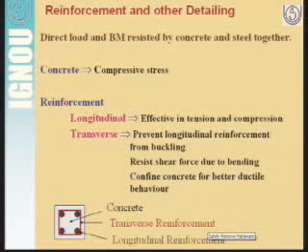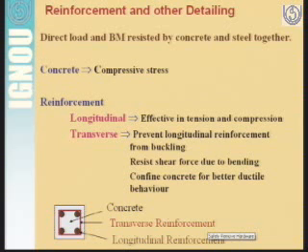Now, before going to the actual design of the columns, we take other aspects of the design of columns or compression members. First is reinforcement and its detailing and other details. Consider the direct load and the bending moments coming to the column: if we are considering eccentrically loaded columns, then two things are there, direct loads or compressive forces and the bending moment.